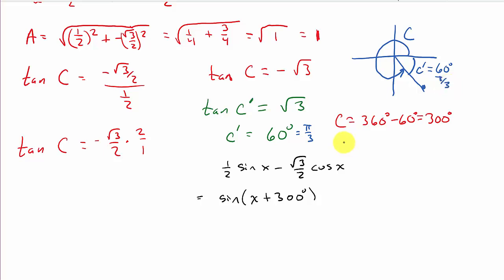So our angle C would be 2 pi minus pi over 3, because when we go all the way around, that's 2 pi, subtract off the pi over 3, and that is 5 pi over 3. And so we could write this as sine of x plus 5 pi over 3. So, whichever one your teacher wants you to do, radians or degrees, there's both of them.